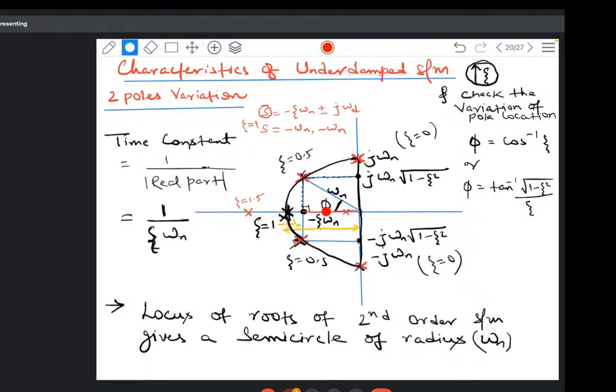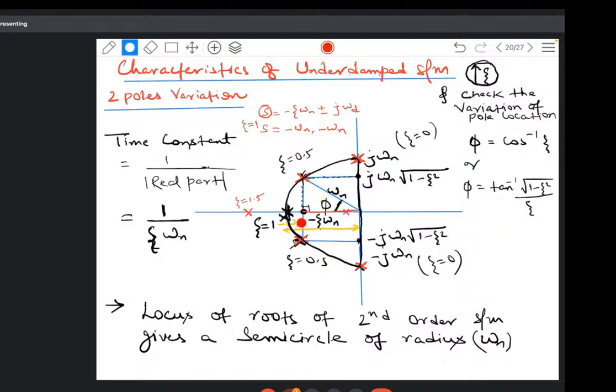So definitely zeta omega n for the underdamped system, it was 0.5, so minus 0.5 omega n is less than omega n. Okay, so I can see that the locus of the roots of the second order system gives a semicircle of radius omega n, because this is my radius and this radius is omega n. Although it is negative, radius is written in positive units, because it represents distance and distance is always positive.